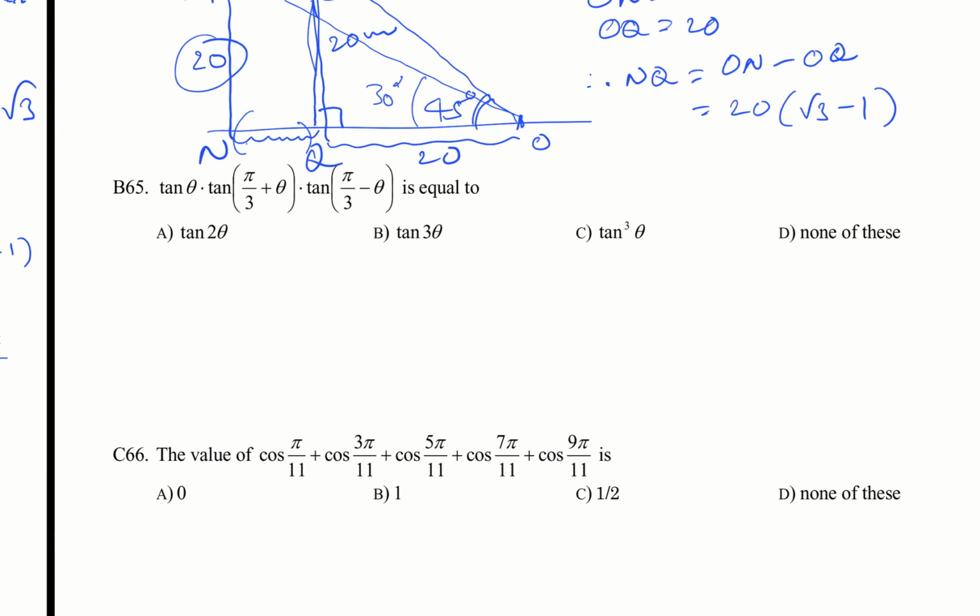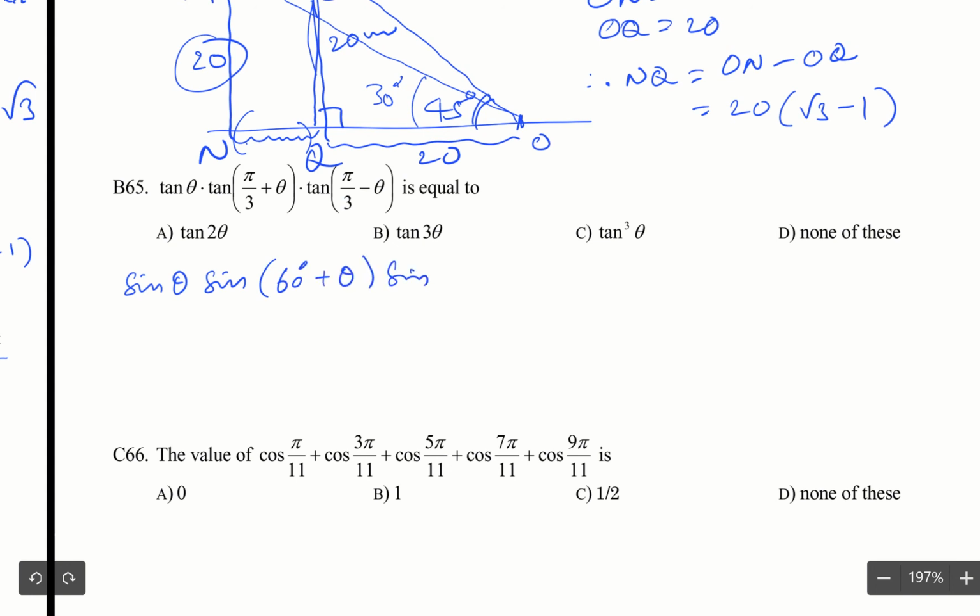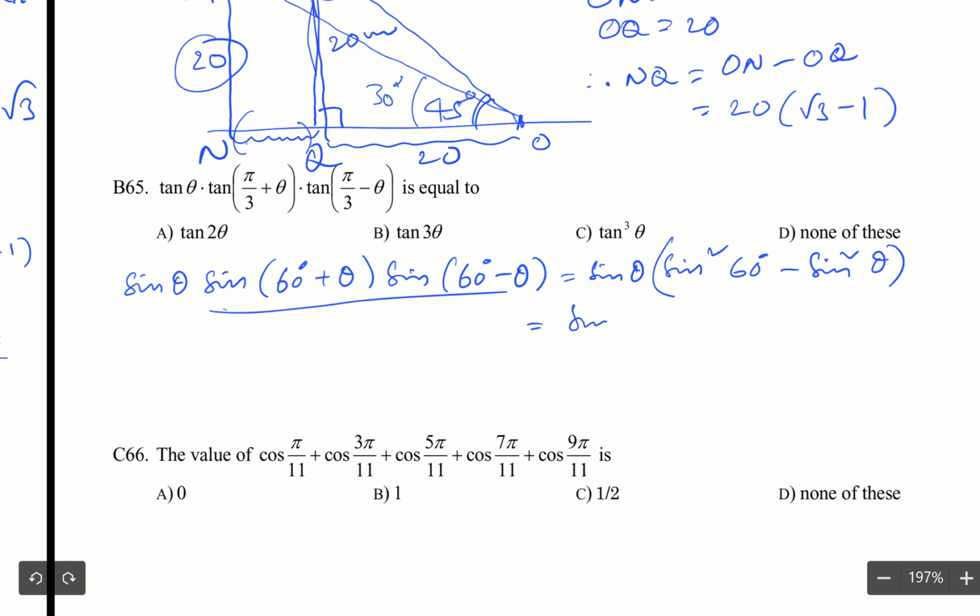Coming to 65, you first go for sine theta into sine (60 degrees plus theta) into sine (60 degrees minus theta). This is sine theta into, I apply the formula here, sine square A minus sine square B. So it is sine theta into (root 3 by 2) whole square minus sine square theta.